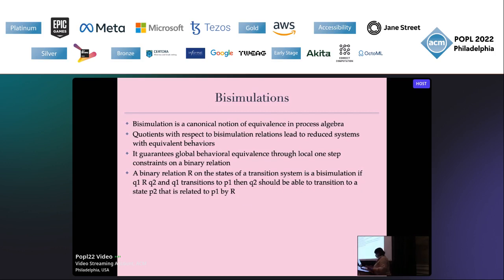More precisely, a binary relation R on the states of a transition system is a bisimulation if for any two states Q1 and Q2, which are related by that relation R, if one of the states can take a transition, then the other should be able to match it with a transition such that the resulting states are again related by R. Right? So this is the classical notion of bisimulation.